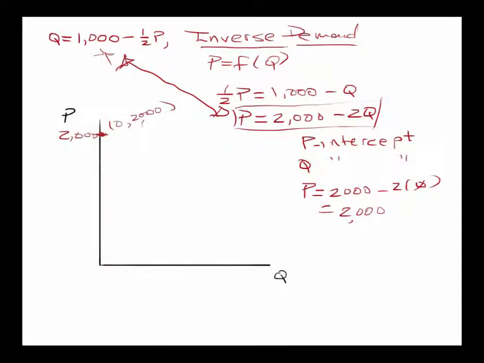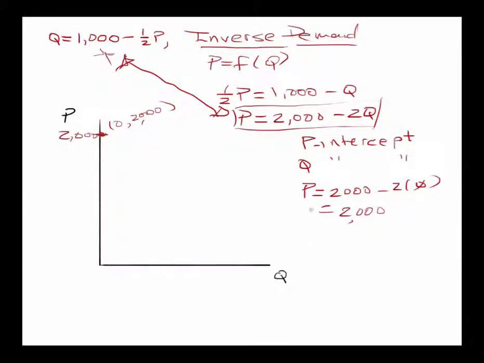That's our p-intercept. Now our q-intercept is the point at which the demand function crosses the q-axis, and we know that happens when p is equal to 0, the price is equal to 0. So back to Ashley's problem, the q-intercept would be the quantity she wants if we're just giving the product away. So to find that, let's substitute 0 in for price. And I can substitute 0 in for price in either my demand or my inverse demand function, and I'll still get the same value of Q because they're really still the same equations. Okay, so let's go ahead and substitute it into the inverse demand function.